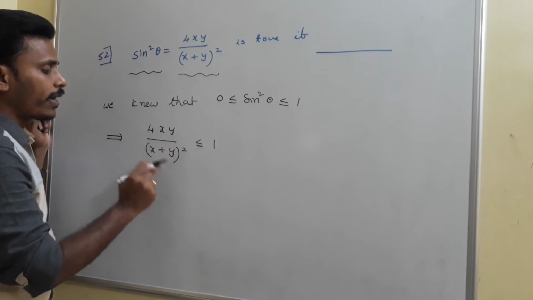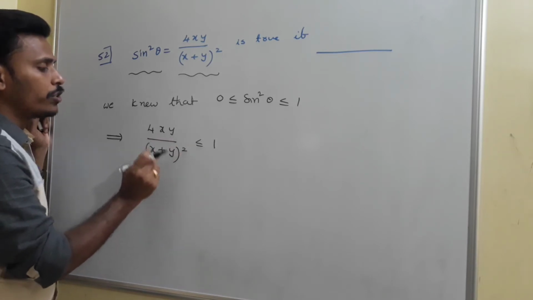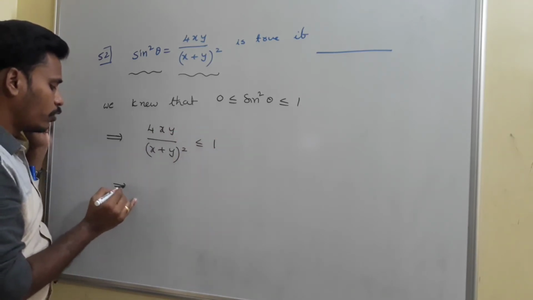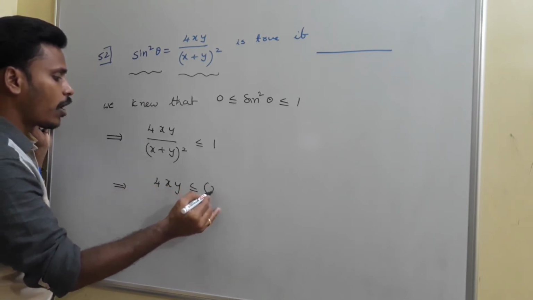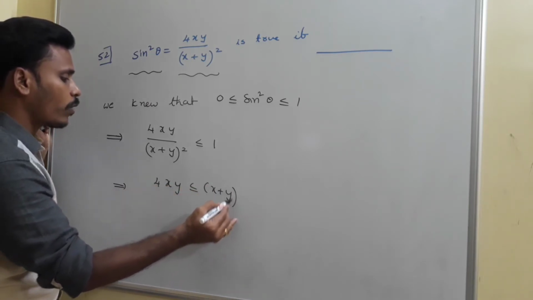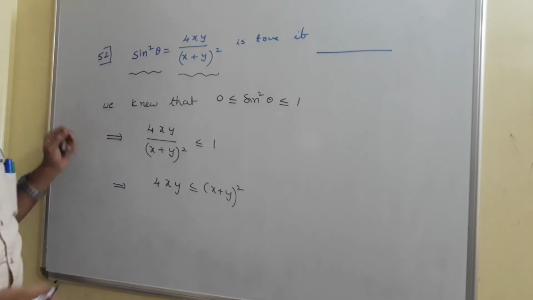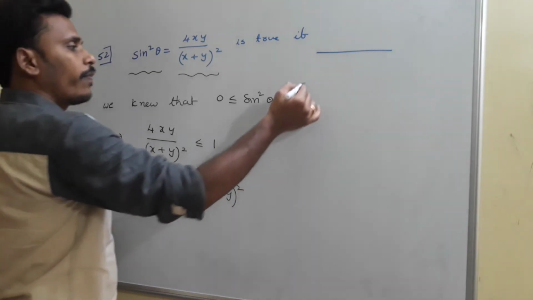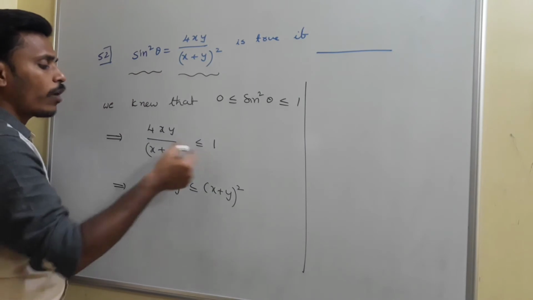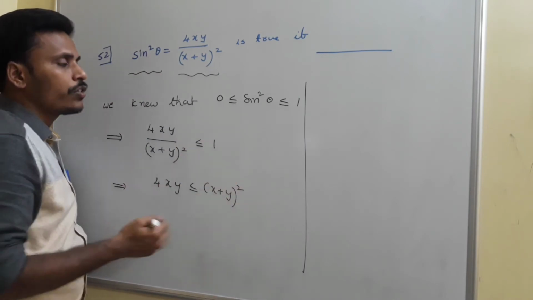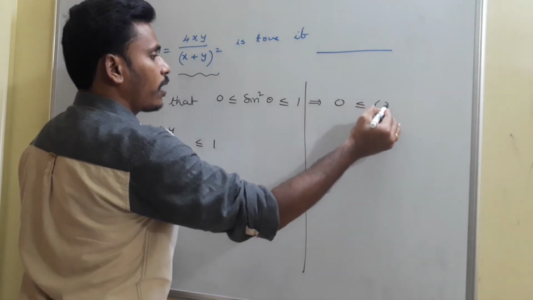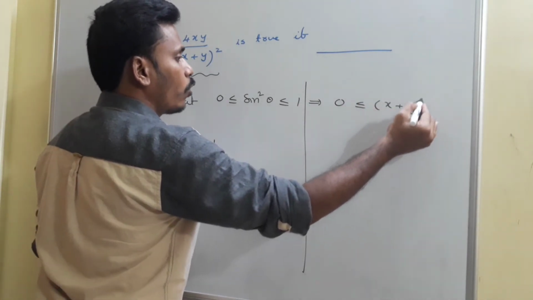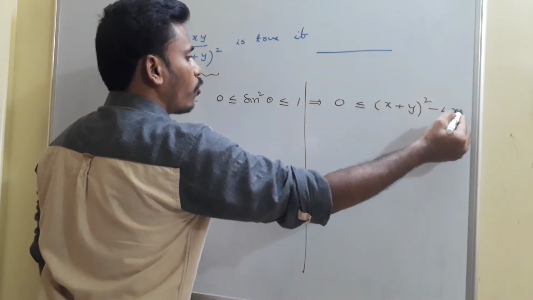Now this denominator, (x plus y) whole square, is something positive, so send it to that side. That implies 4xy is less than or equal to (x plus y) whole square. Is it clear? And then send this 4xy to that side, and now you have only 0 on this side. That implies 0 is less than or equal to (x plus y) whole square minus 4xy.